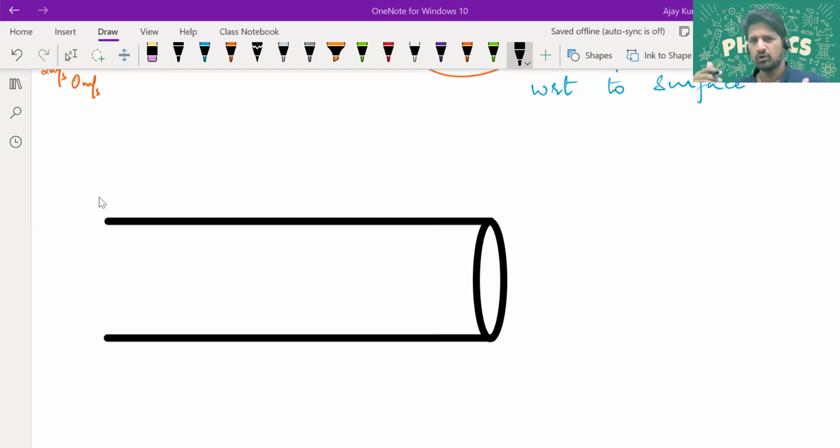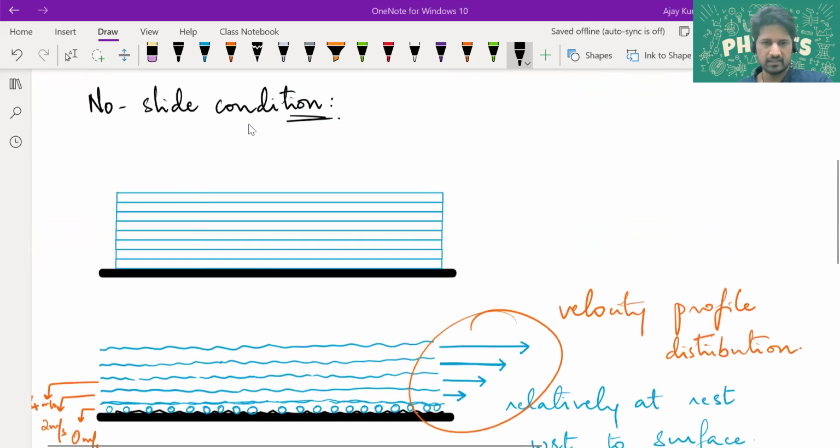Now, some fluid molecules will be in contact with the walls of the tube. We just discussed the boundary layer condition or the no slip condition. What does it state? I'll mention it here.